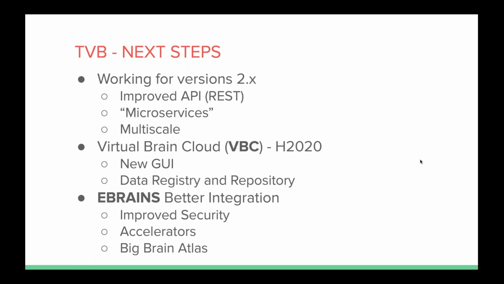As a summary, currently we are working on TVB version 2.1, which means the current version still has some unfinished features. We have as an important new feature a new API through REST. We are using it successfully within the Virtual Brain Cloud when developing a new graphical interface, this new REST API.